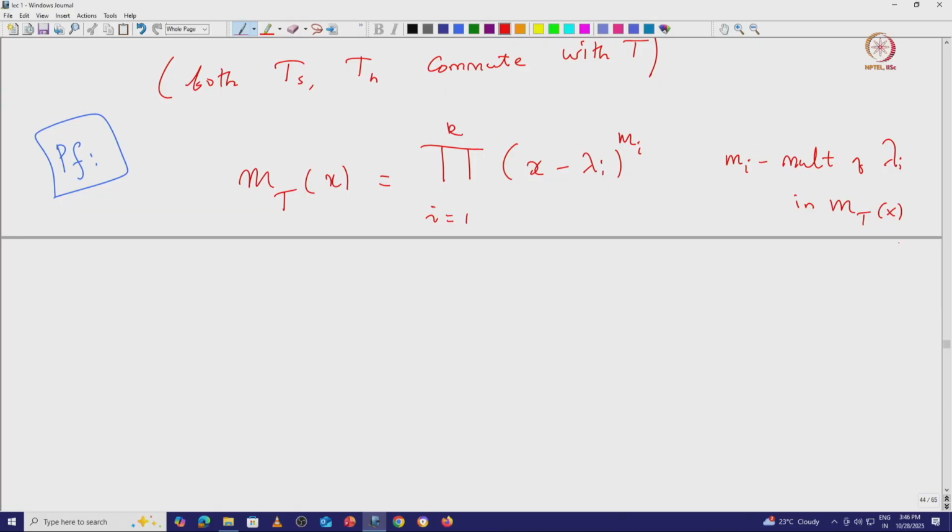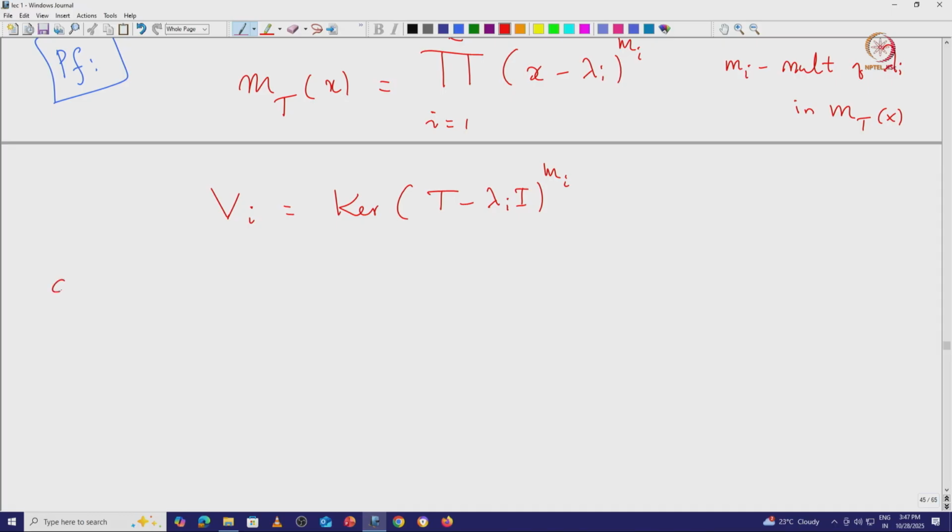Now we have this minimal polynomial decomposed into linear factors. Using these linear factors, we can define invariant subspaces, the generalized eigenspaces, and it is not very difficult to prove that V is indeed the direct sum of these generalized eigenspaces.